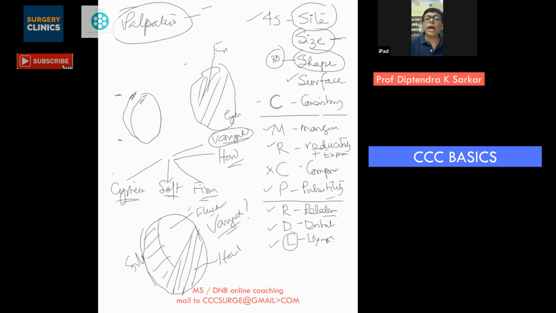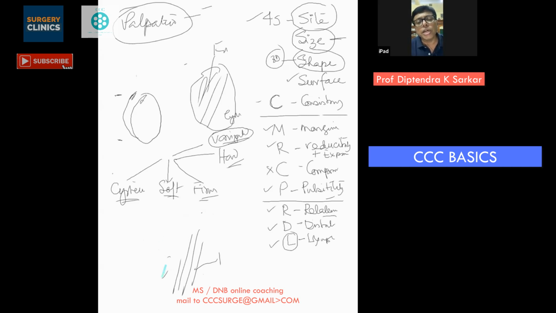Clear? Now, just to remind you once again, firm or hard is a subjective way of describing. It requires years, and for us decades, to palpate and touch the iPad to tell that this iPad is actually hard, whereas to touch your muscle to tell it's firm, or to touch a swelling to tell it is soft, these are all subjective things.